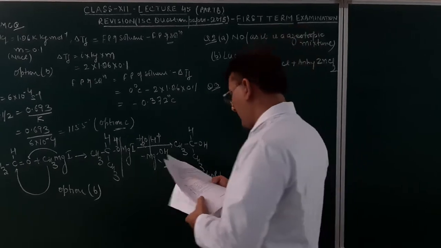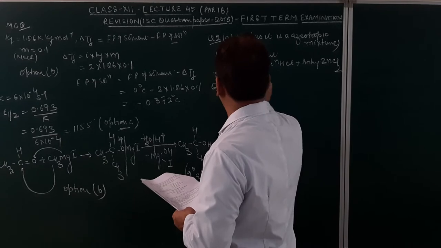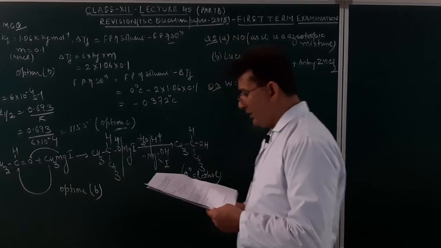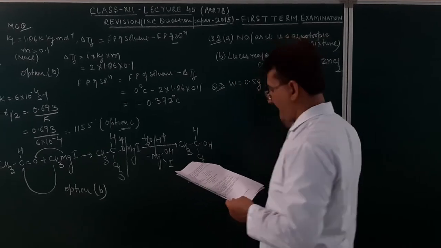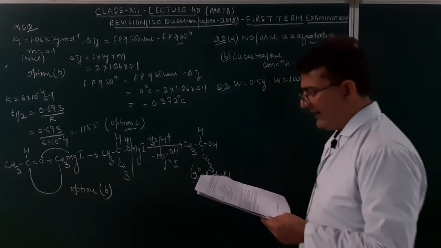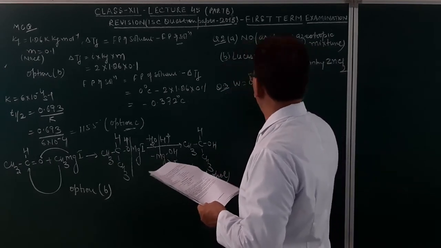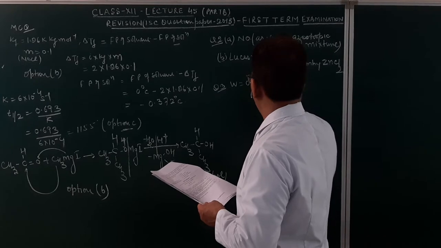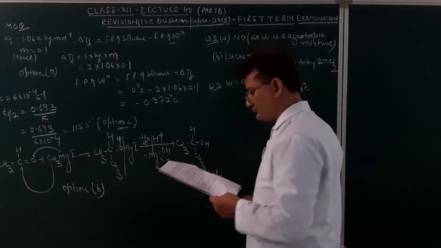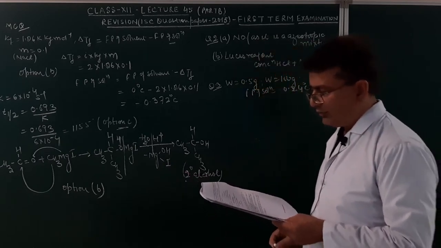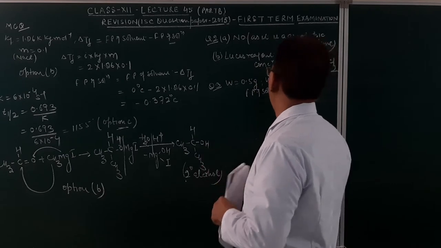Mass of KCl is given as 0.5 gram, dissolved in 100 gram of water, W is 100 gram, and freezes at minus 0.24 degrees C. So the freezing point of the solution is given. Calculate the degree of dissociation, alpha.